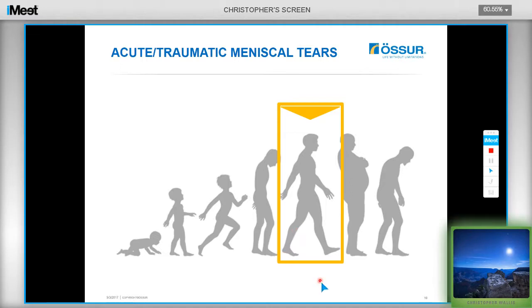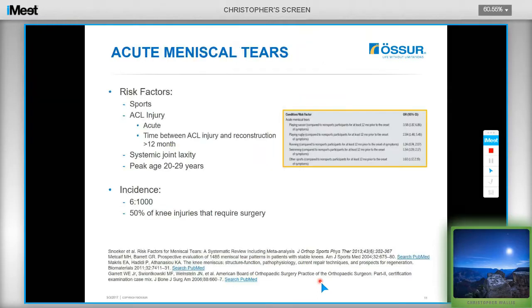They tend to affect the younger population and the more active population. So as far as risk factors for the acute meniscal tears, these are younger, more active patients with a peak age between 20 and 29, but we're generally looking at patients up to 40, but they can again be younger than 20.